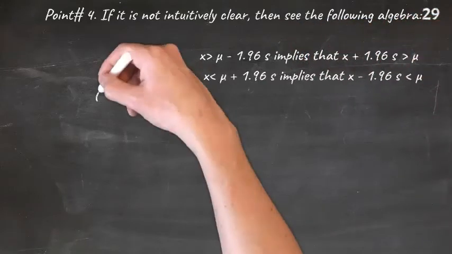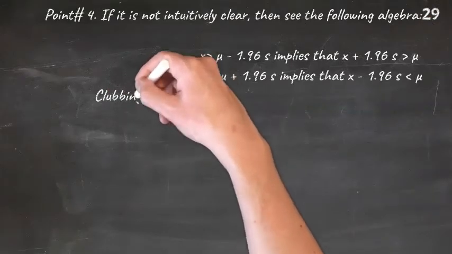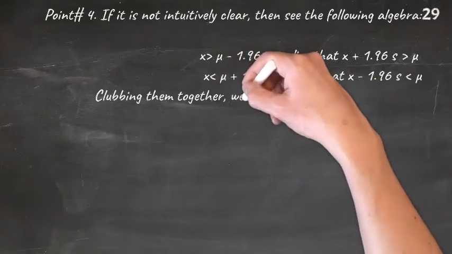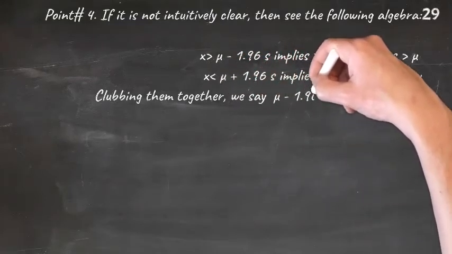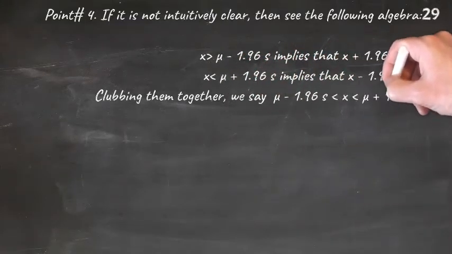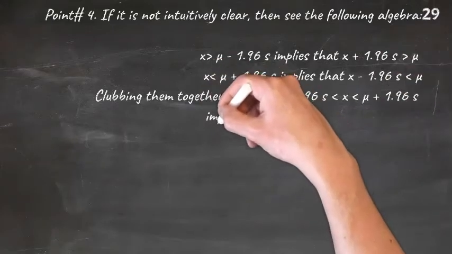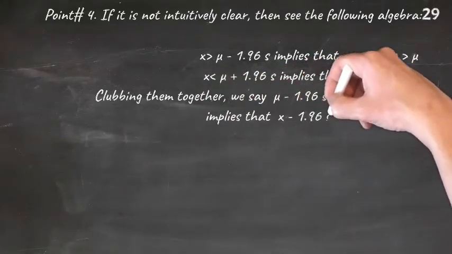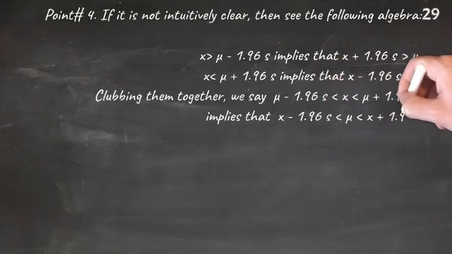Clubbing them together, we say mu minus 1.96 times the standard deviation is less than x, which is less than mu plus 1.96 times the standard deviation, implies that x minus 1.96 times the standard deviation is smaller than mu, which is again less than x plus 1.96 times the standard deviation.